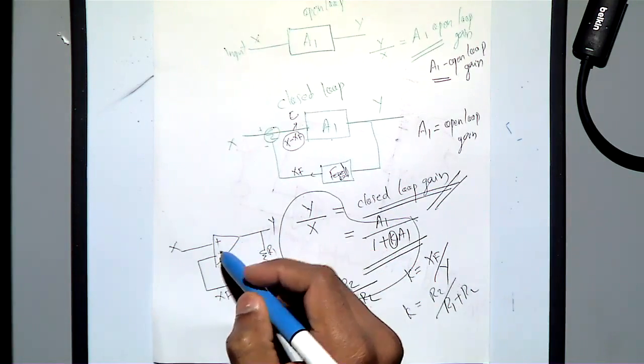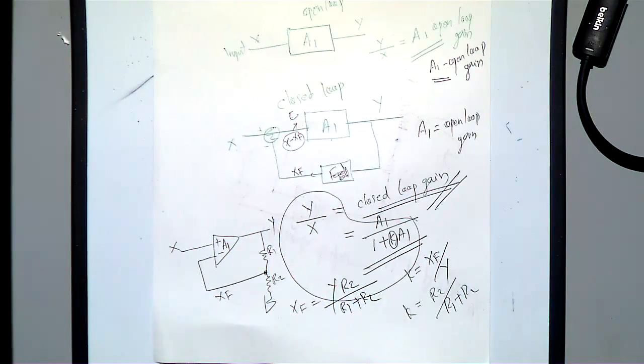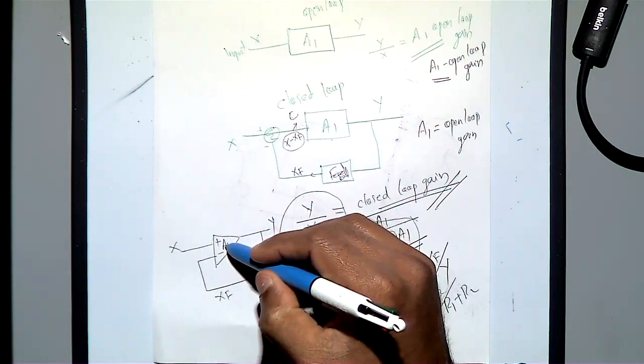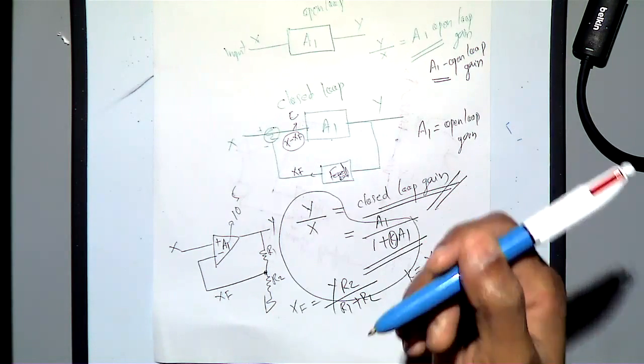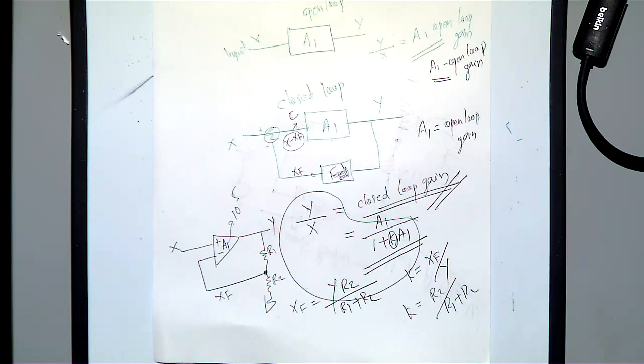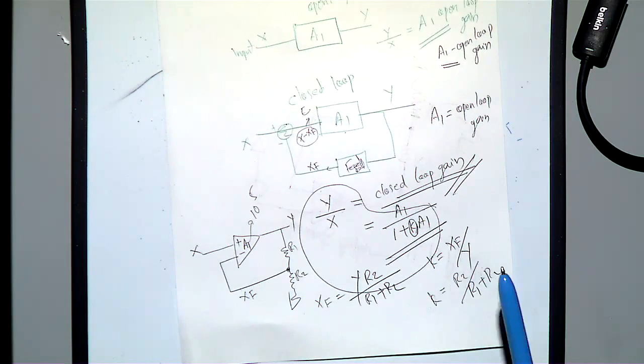But the op amp has one gain, the open loop gain, which is a very big value, maybe 10 to the power of 5. That's a big value. But you are not actually using that gain when you design an amplifier in the closed loop. Your gain you are adjusting using R2 by R1 plus R2 through this feedback.